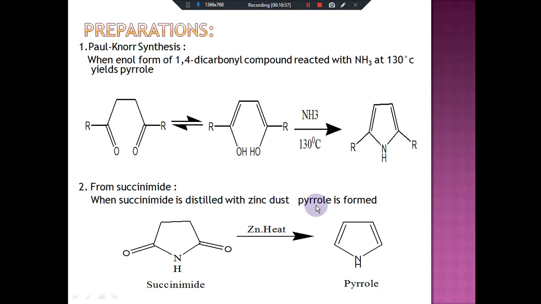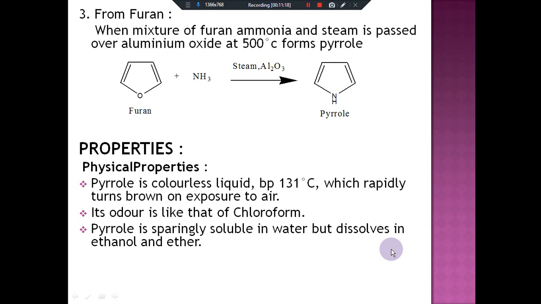And another method is from succinimide. Succinimide, when it is heated with zinc dust, loses zinc oxide to form pyrrole. This is the structure of succinimide. When it is heated with zinc, it loses 2 molecules of zinc oxide to give pyrrole. And the third method is from furan.